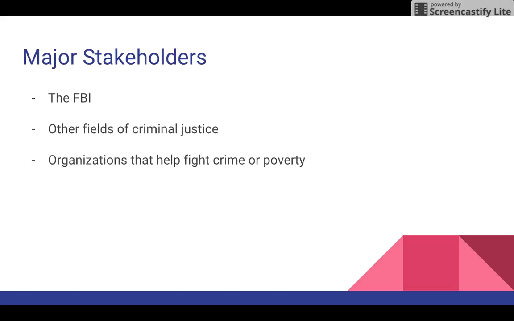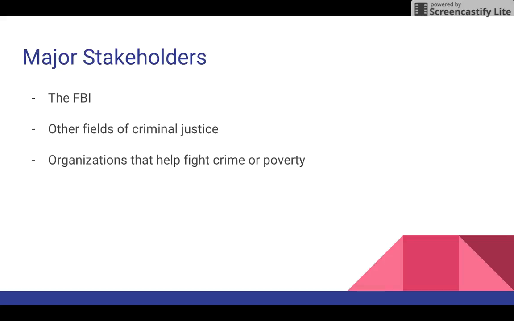The major stakeholders I determined were the FBI, which is where I got my data from, other fields of criminal justice, which include even just the government overall, places such as jails or facilities that help criminals once they get out.